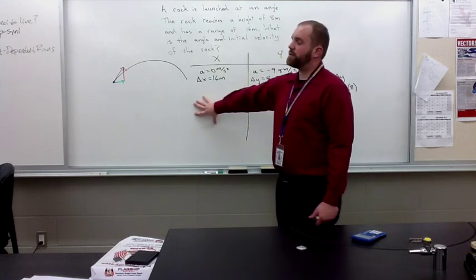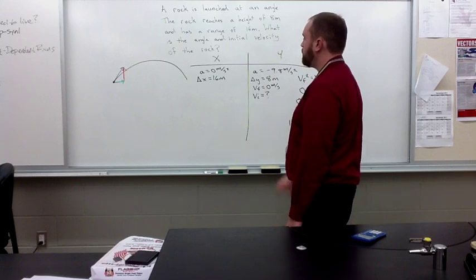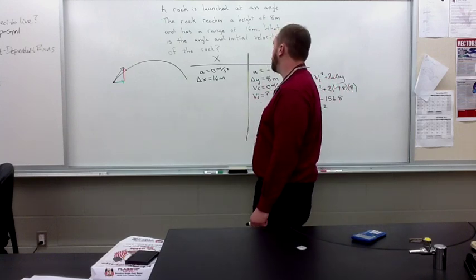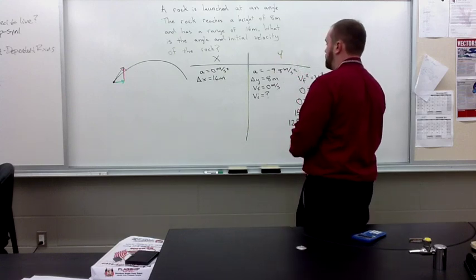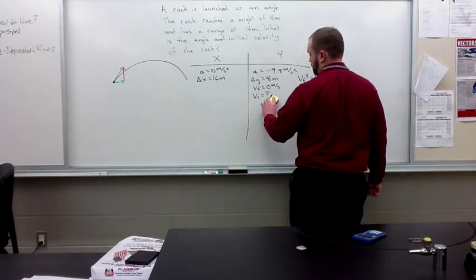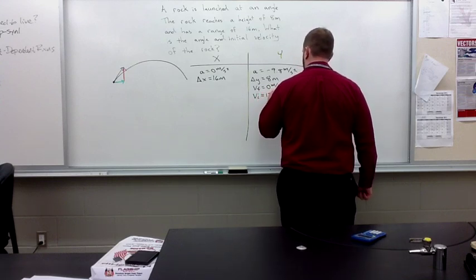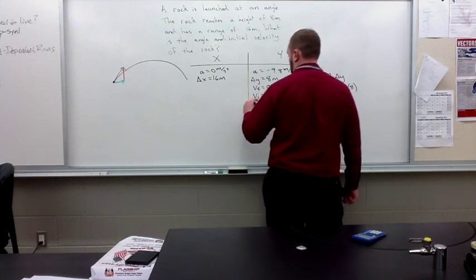But that doesn't really help us over here on the x side. What we need to help us over here on the x side is a time. We need a time that we can move over here. So, let's look for a time. Okay, we've got another given now, 12.52 meters per second, and I want a time.